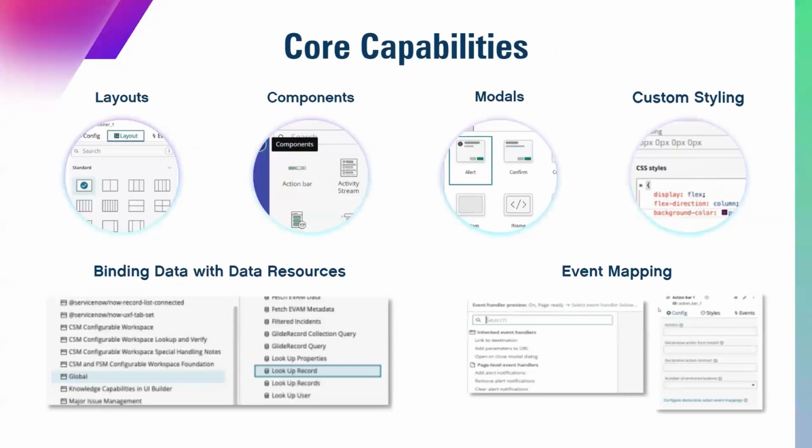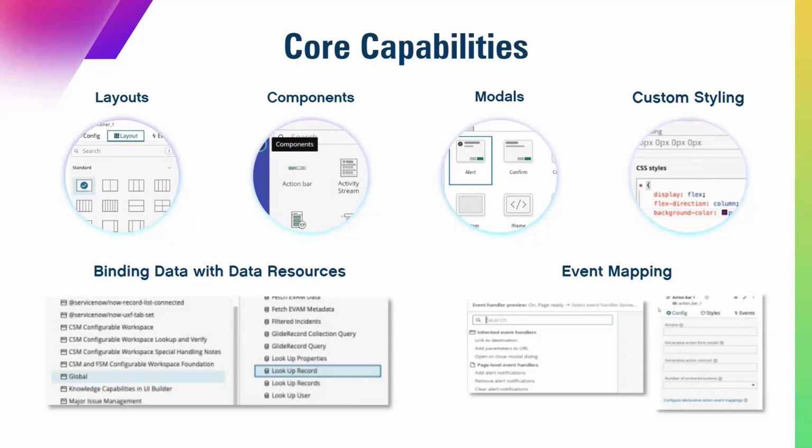All right, let's review ServiceNow UI Builder core capabilities. Here we have layouts where you can pick the best matching layout using powerful Flexbox or CSS grid layout. As I have mentioned before, there is a big library of components which range from buttons and labels to more complex ones like lists or forms.